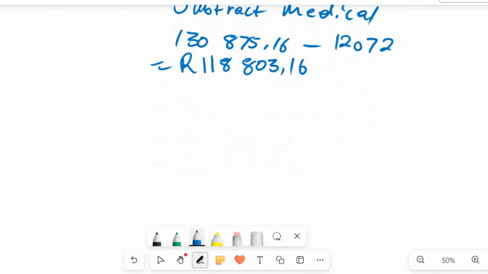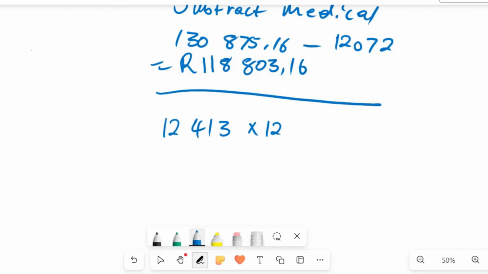The tax that she's already paid on a monthly basis is somewhere around 12,413 times 12, which should give us 12 times 4. 12 times 12 is 144, and then plus that.